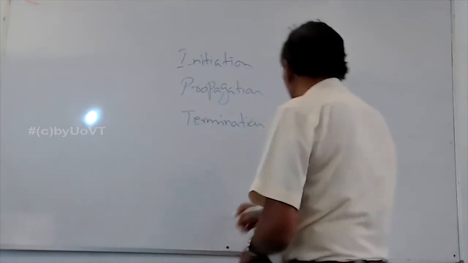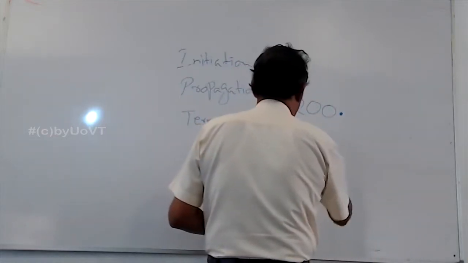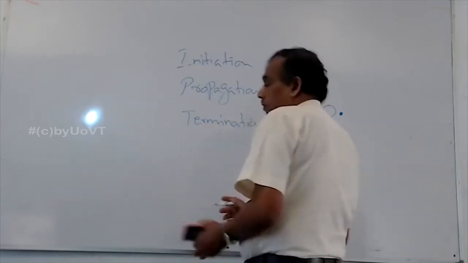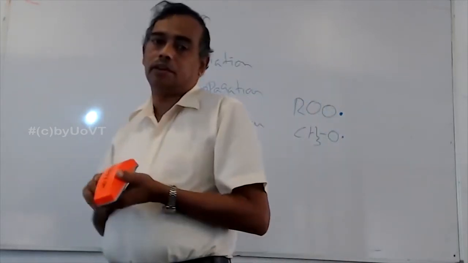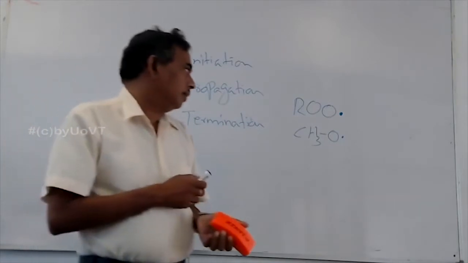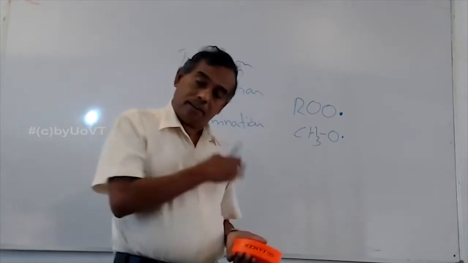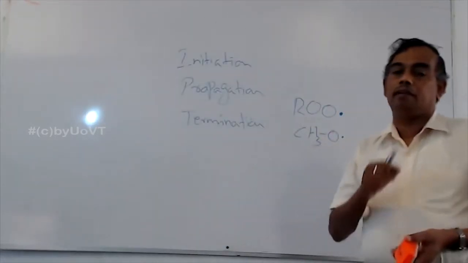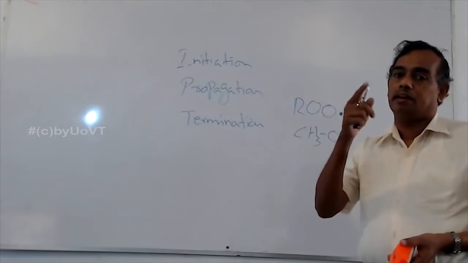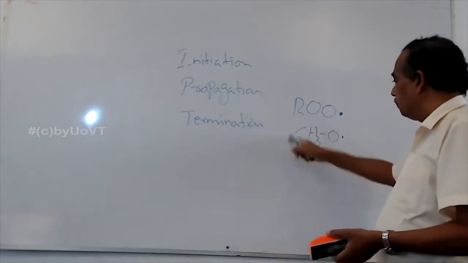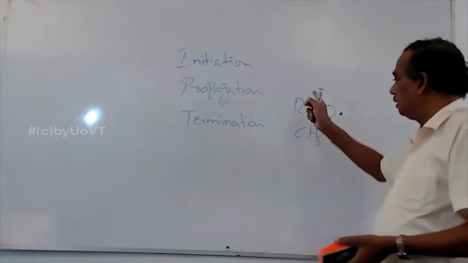Alkoxy means this one, RCH2O. During autoxidation, any alkyl group joins with oxygen, with an additional or odd number of oxygen, and forms alkoxy.